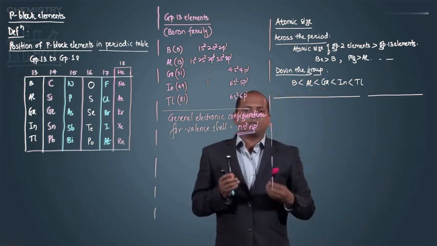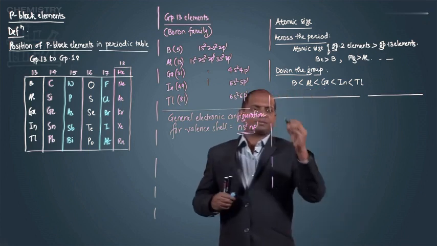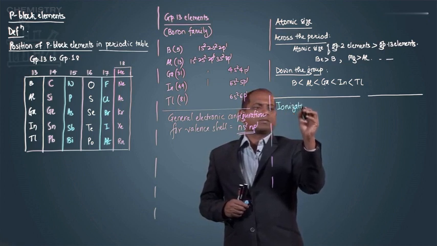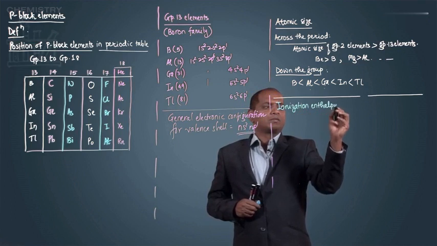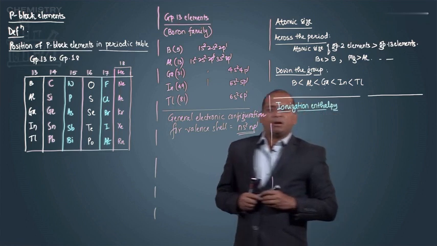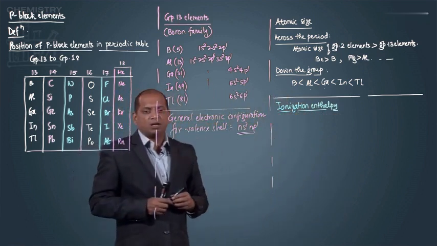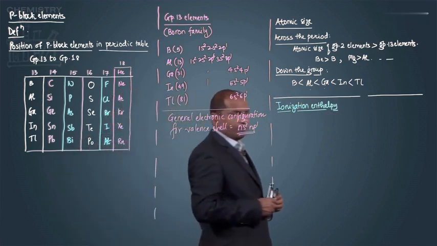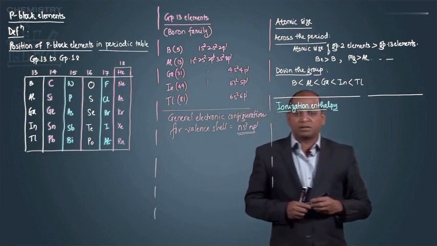Now I will go for the next periodic property, that is ionization enthalpy. The amount of energy required to remove an electron from the valence shell of an isolated gaseous atom is called ionization enthalpy. Now ionization enthalpy is inversely proportional to atomic size.